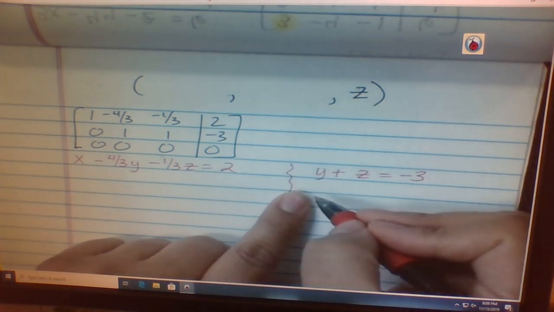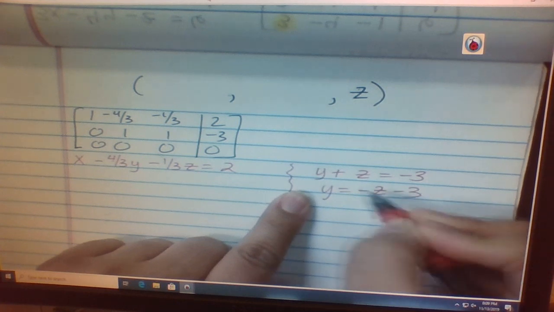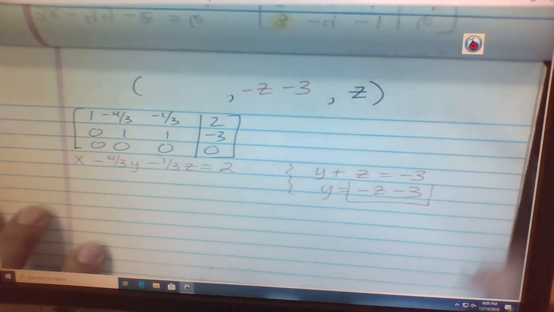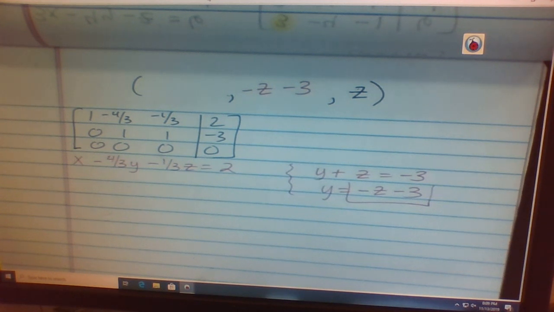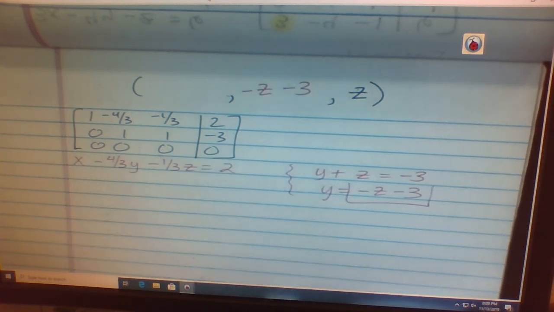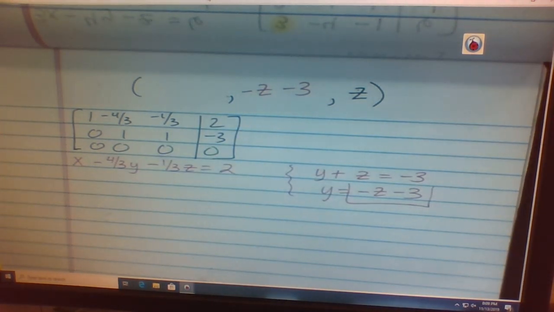So this becomes y equals negative z minus 3. So guess who goes here? Negative z minus 3. I already found that one. It comes from y plus z equals negative 3. You're supposed to do it for all three if you had all three, but here I only have that one and that one.